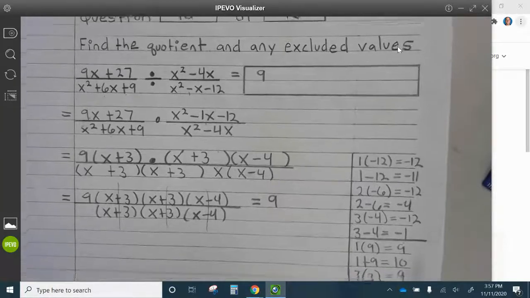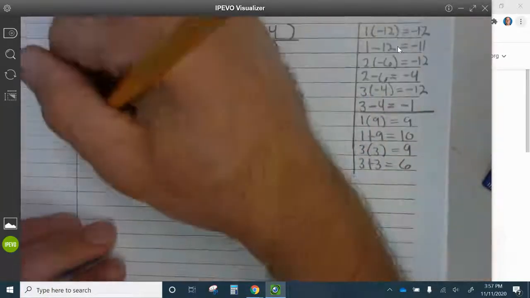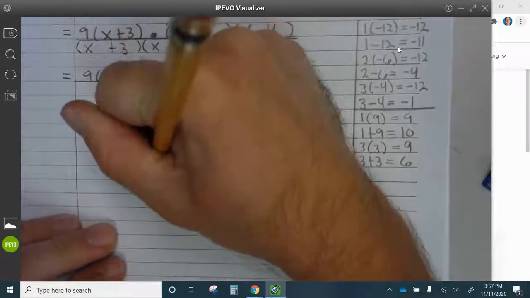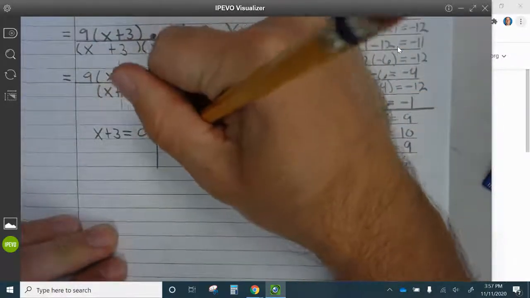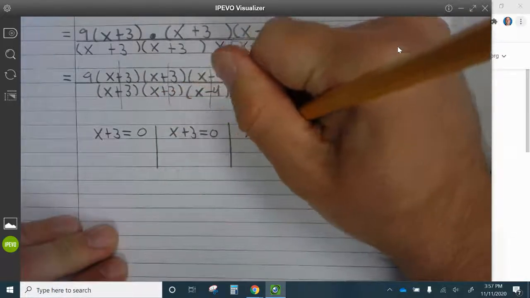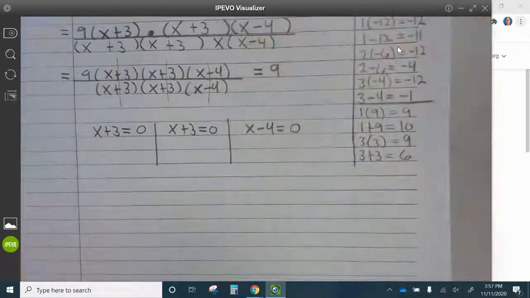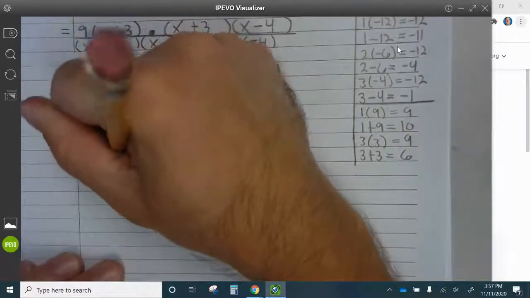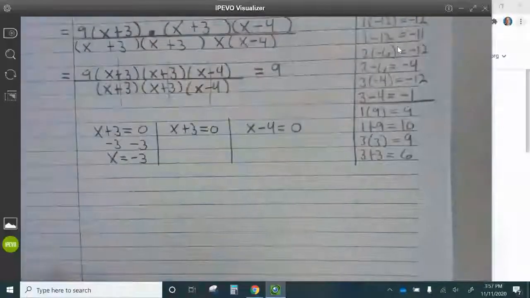Okay. Now we're going to set x plus 3 equal to 0, and x minus 4 equal to 0. So we subtract 3 from both sides, so x equals negative 3.